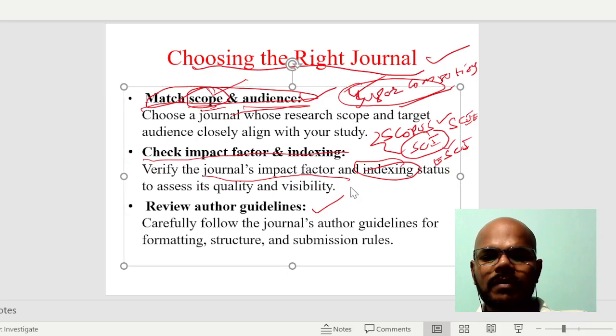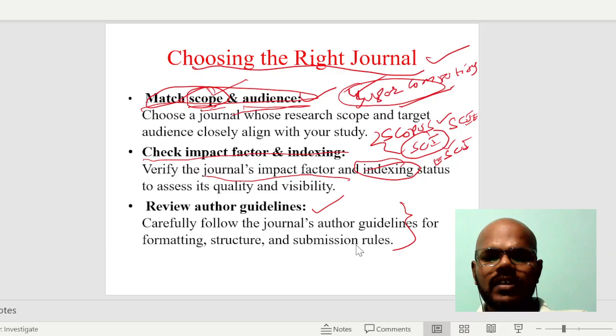They mention each and everything in the author guidelines section. So before submission you have to check it. If you don't follow the author guidelines, they will simply send it back to the author, and until the author addresses the guidelines, they will not process your paper. This we call a simple desk rejection.